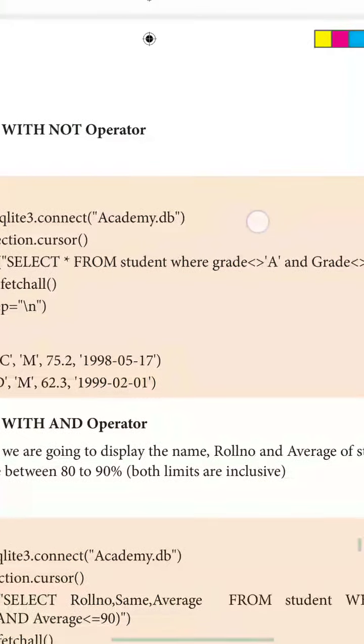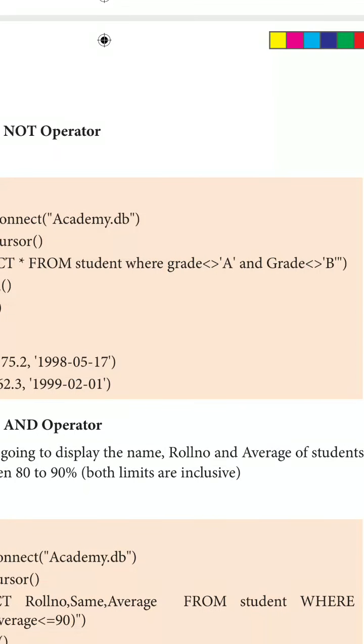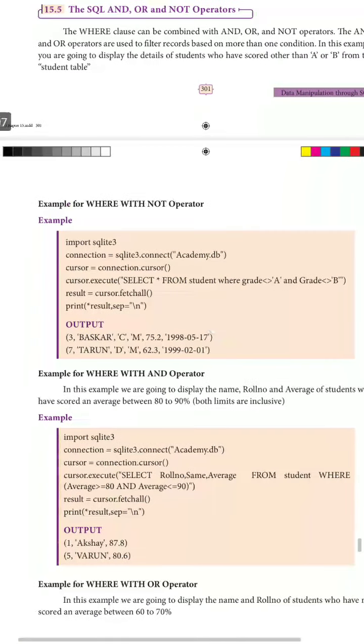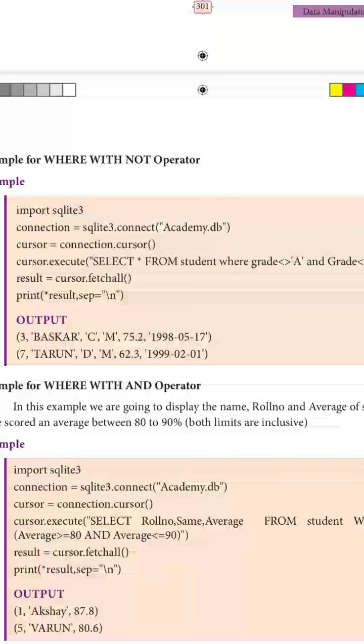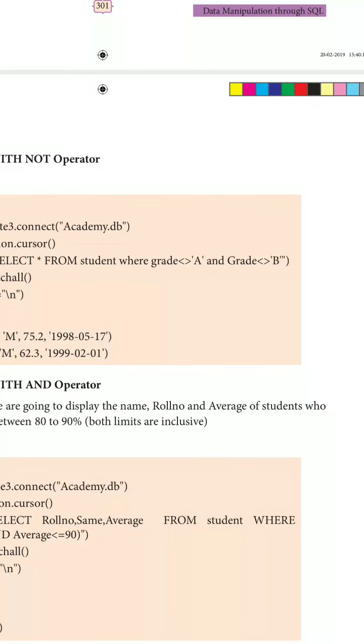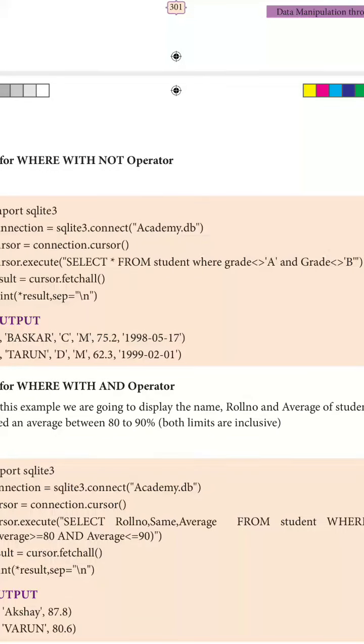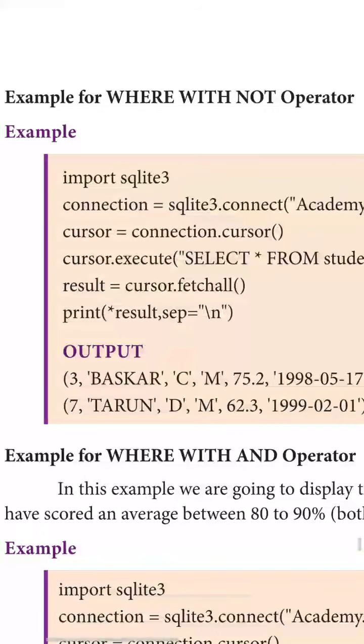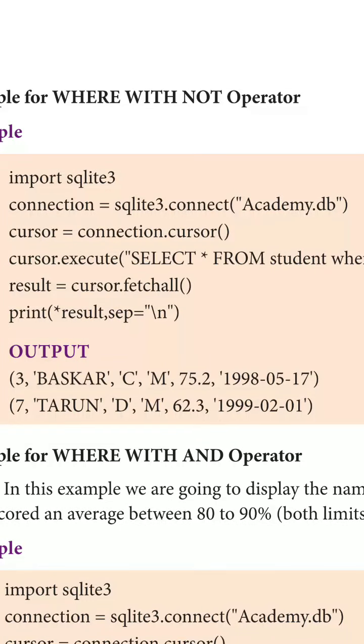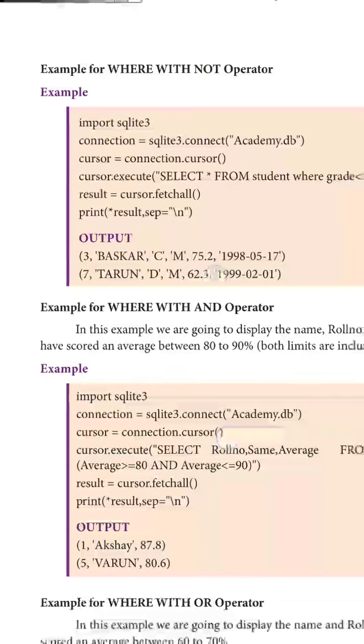So select star from student where grade is not equal to A and grade is not equal to B. Here you can see that it will provide you the output eliminating grade A and grade B, so that you can see grade C and grade D here.